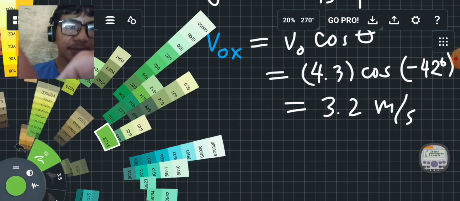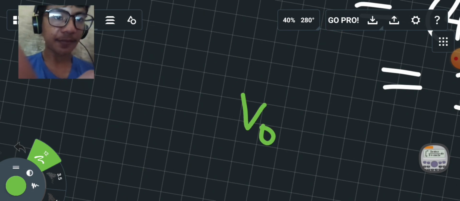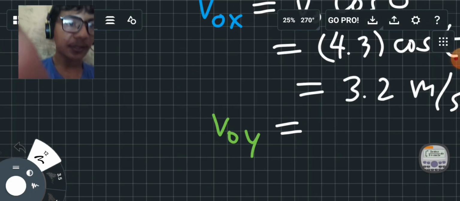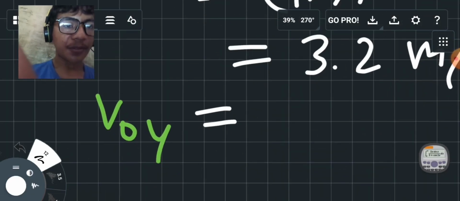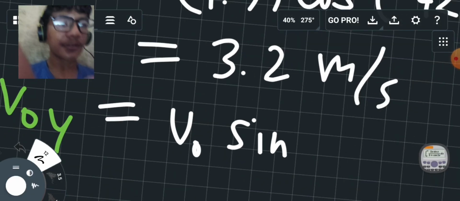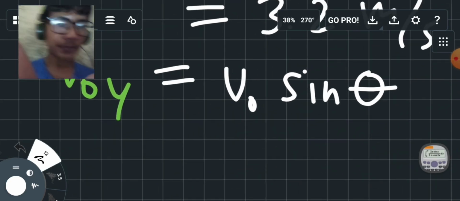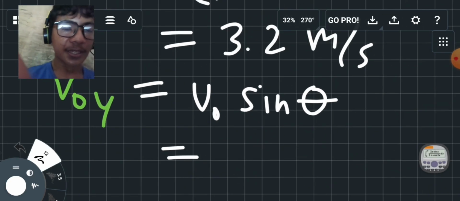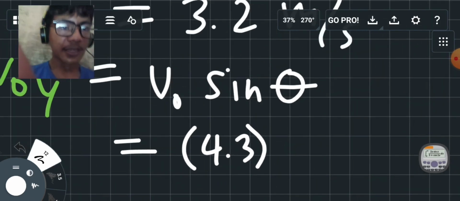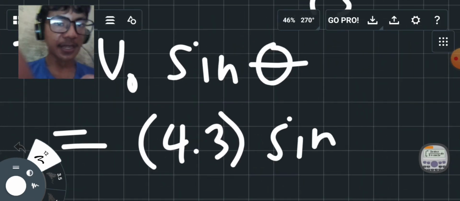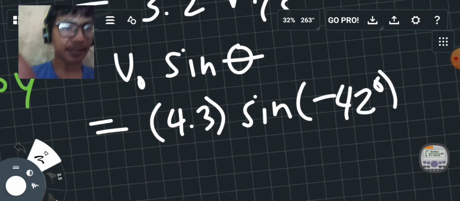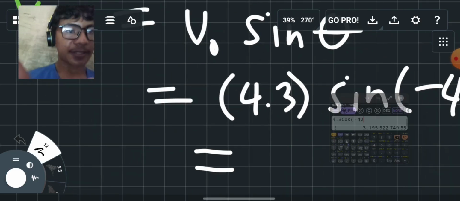Let us get to the y component. The y component is given by the initial velocity multiplied by the sine of the angle. So what is the initial velocity? That's 4.3, multiplied by the sine of the angle, which is still negative 42 degrees.